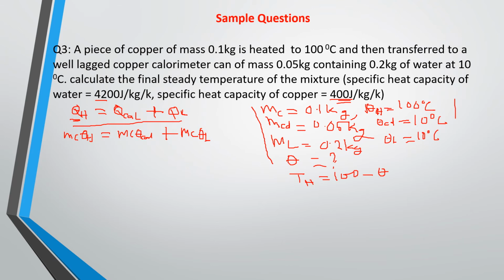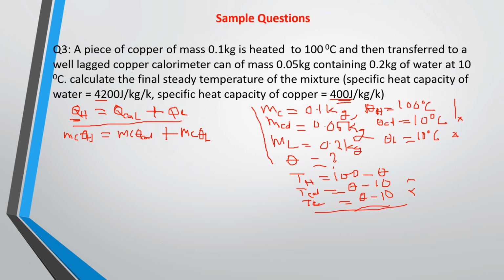Then for the calorimeter, the temperature change, let me put it as Tcal, is equal to theta minus 10. Then for the cold water, let me say T liquid, is equal to theta minus 10. Now if you look at it, you find out that the temperature change for the calorimeter and cold water are the same. Their initial temperatures are also the same.